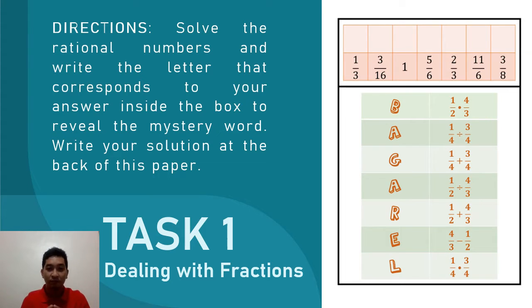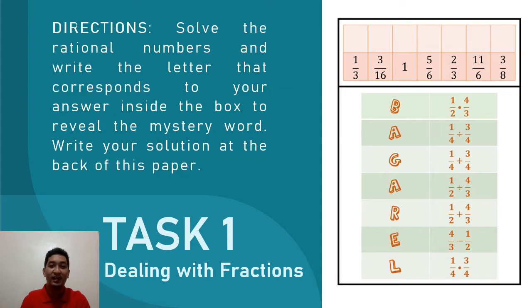Along with that, you were also taught how to add, multiply, subtract, and divide rational numbers or fractions. Those processes you tackled in grade 7 would be a great help in understanding operations on rational algebraic expressions.